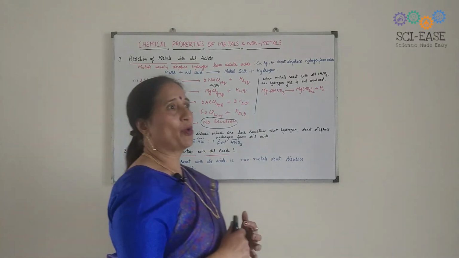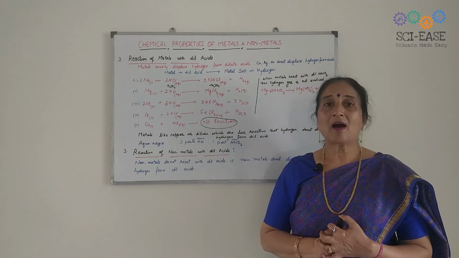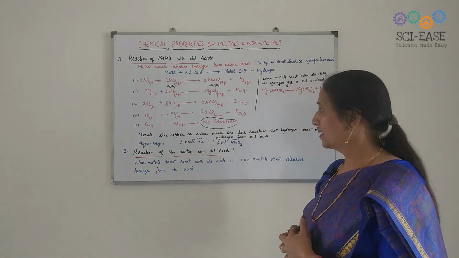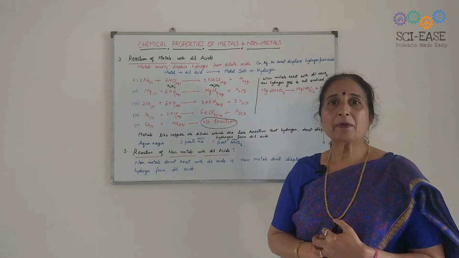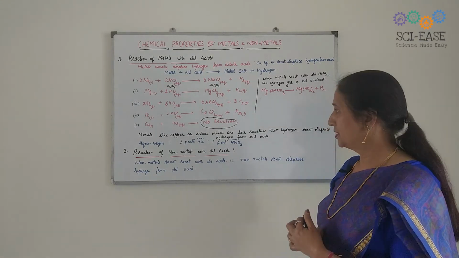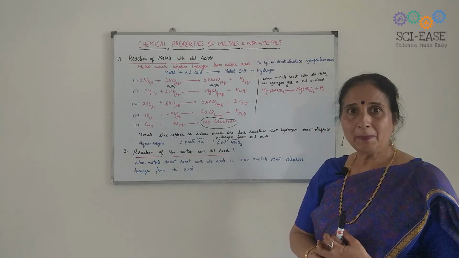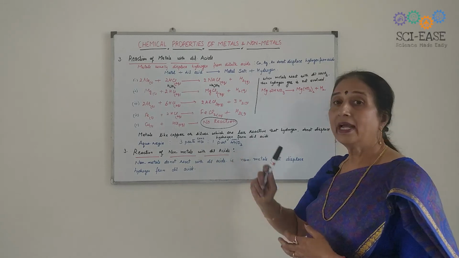Now, one very important thing I want to tell you. Sometimes it's asked, what is aqua regia? Aqua regia is a freshly prepared mixture of 3 parts of concentrated HCl and 1 part of concentrated HNO3.